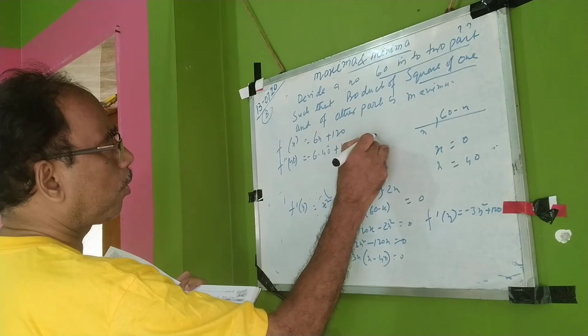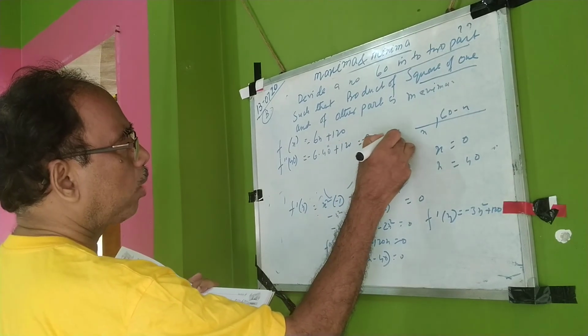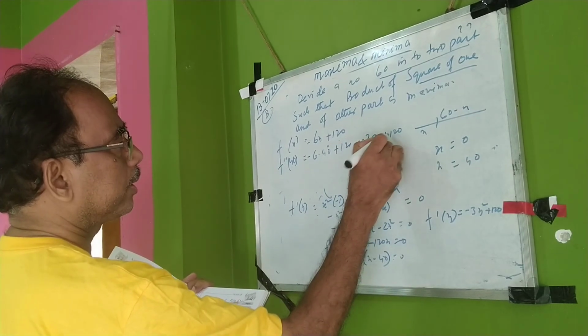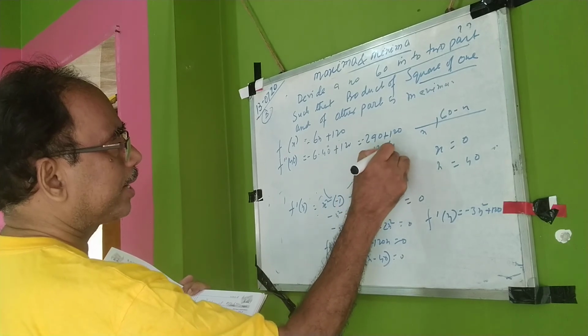That is minus 240 plus 120, that is minus 120, less than 0.